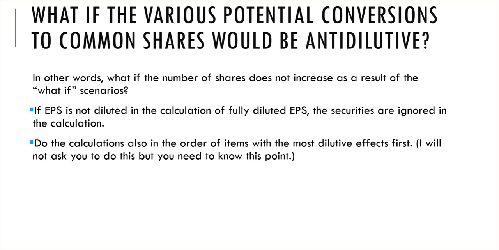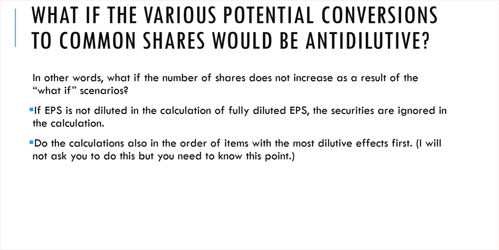If they are anti-dilutive, that is, the number of shares does not increase as a result of that, or when we do our calculation, we find that the basic earnings per share is still less than fully diluted. If this happens, we are going to ignore anything that would go into the calculation that would do that.